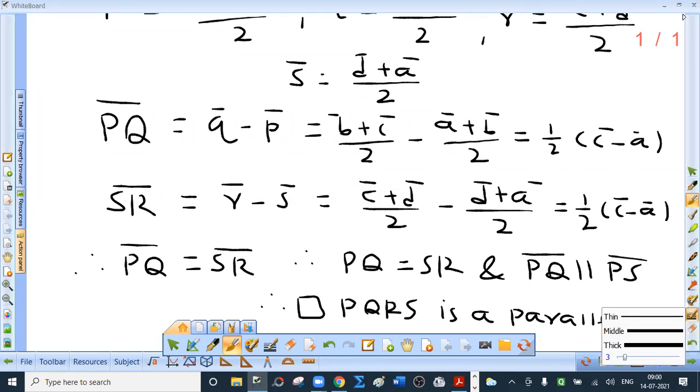Right, now. Actually, there is one correction. PQ bar is parallel to SR bar. Now this is correct.